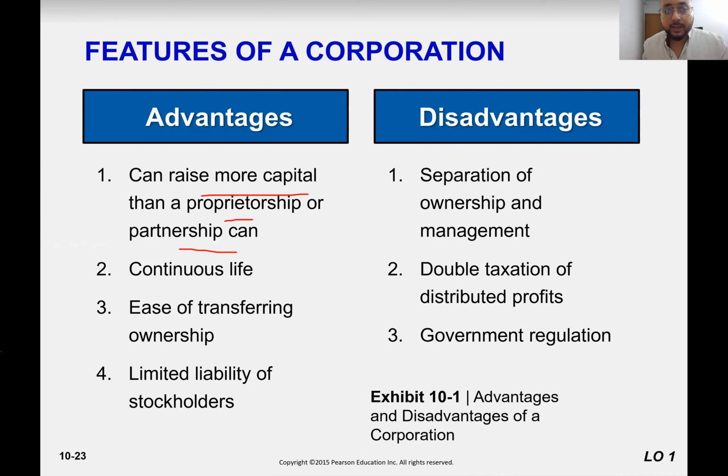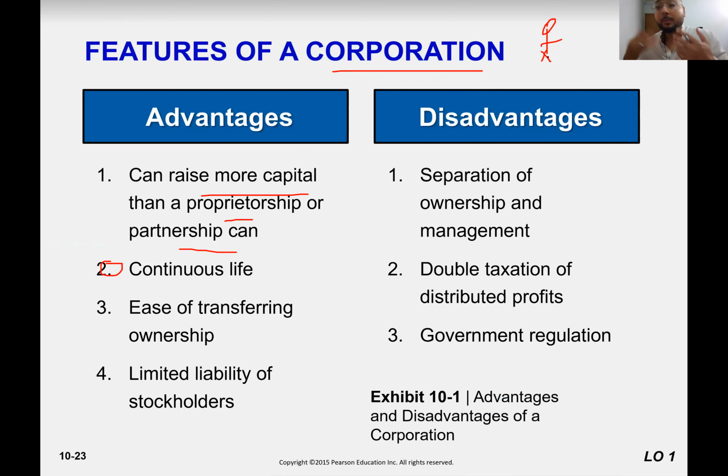The second point is the owner can die, but the company name cannot die. In partnership, if one partner dies, its name must be changed. But in case of corporation, in the eyes of the law it's an entity, it's like a person.